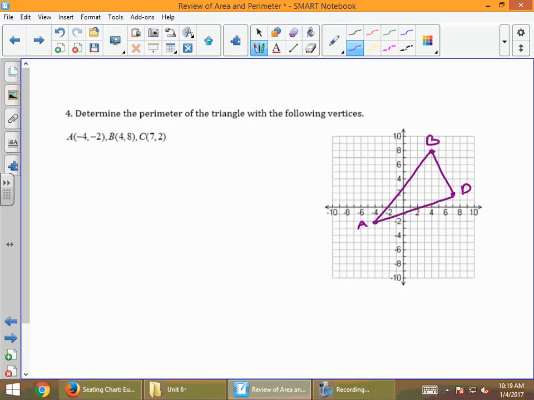Well, we don't know the distances of all three sides. They're all slanted. We can't easily count them. So, what do we use to find the distances? The coordinate plane. We use the, what is it? Pythagorean theorem. So again, you make your right triangle.